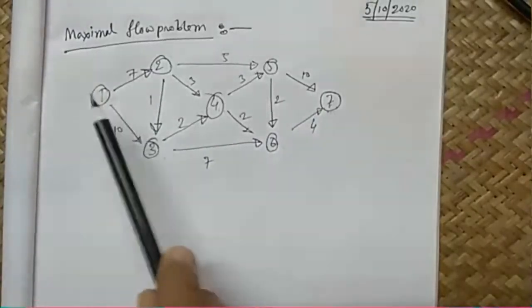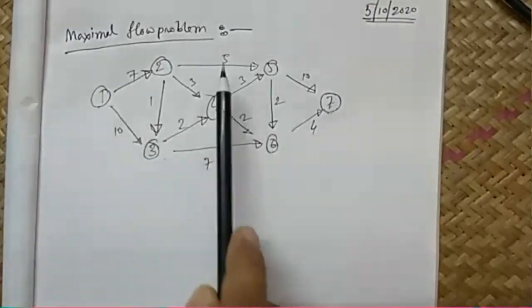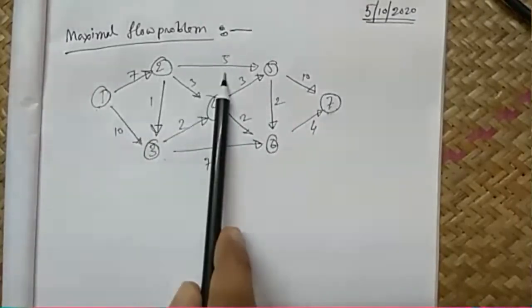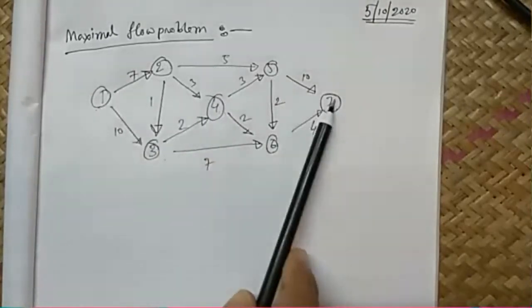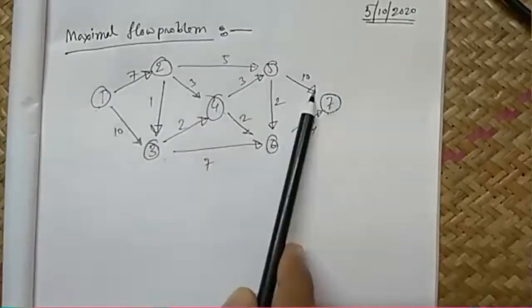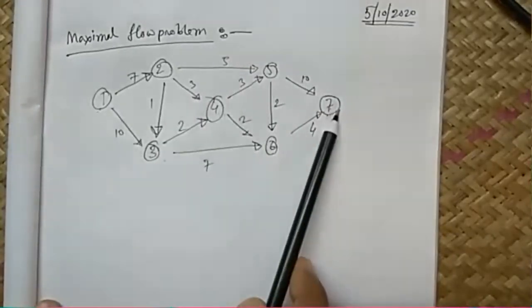That means if we take 1 2 5 7, the maximum flow possible is 5, and we will exhaust the capacity 5. So we will use this path and send out the maximum possible through this path.